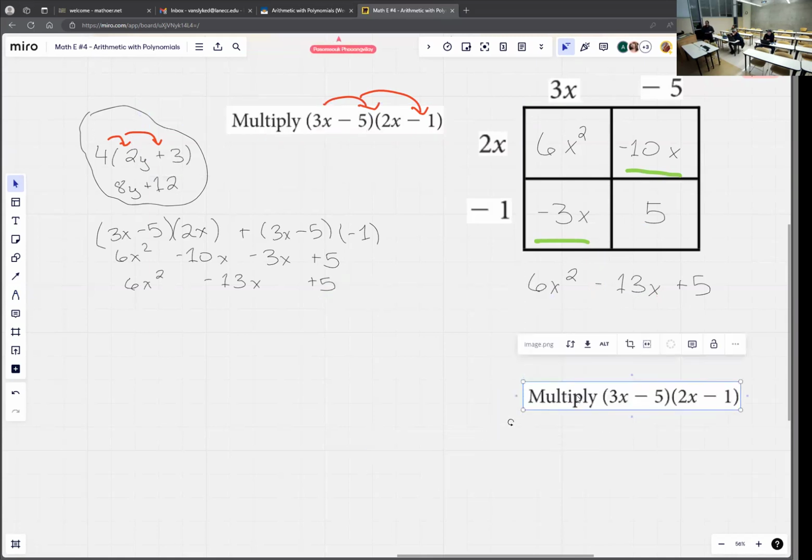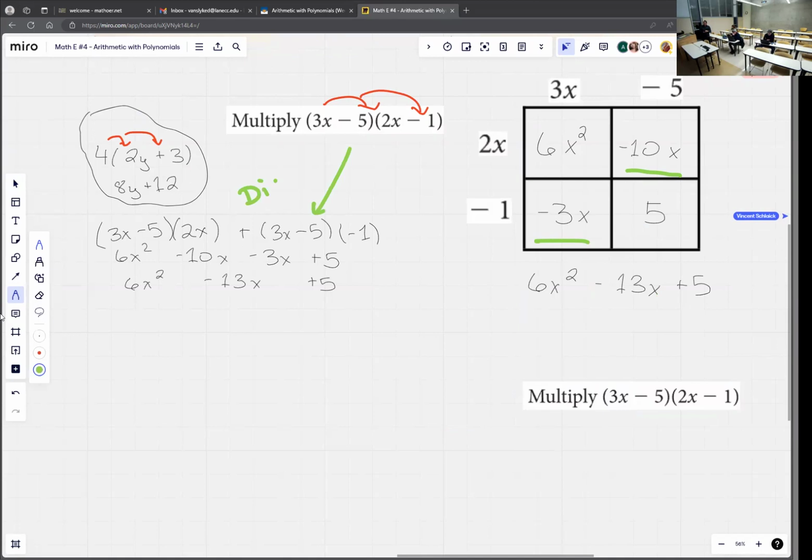Okay, one moment, I'm going to label things before I get ahead of myself. So this was distribute. Here was a diagram.